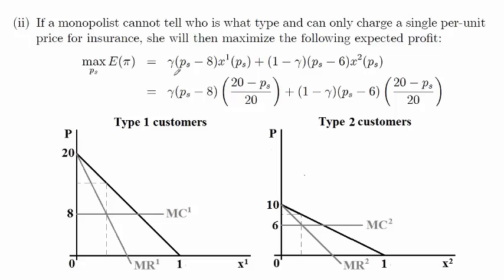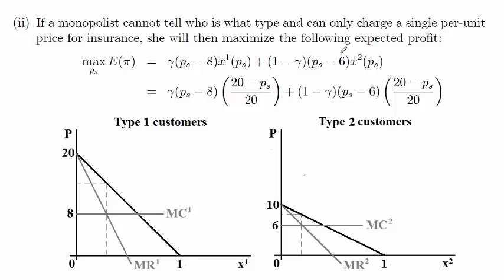So I have gamma here for type 1 consumers. Now PS, which stands for the single per unit price, minus, since the marginal cost is constant, it's going to be per unit cost. So PS minus 8 multiplied by the quantity demanded by type 1 customers, plus 1 minus gamma times PS minus 6.